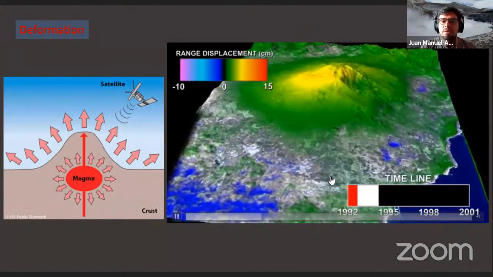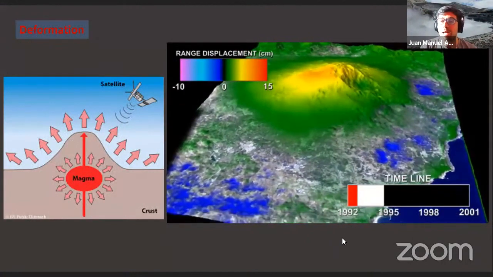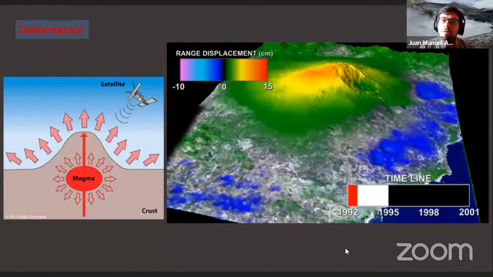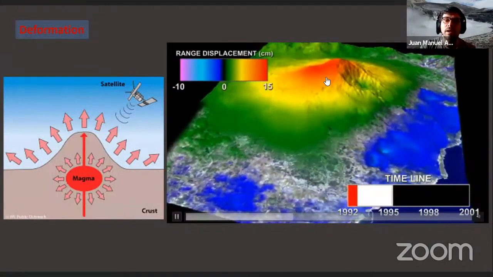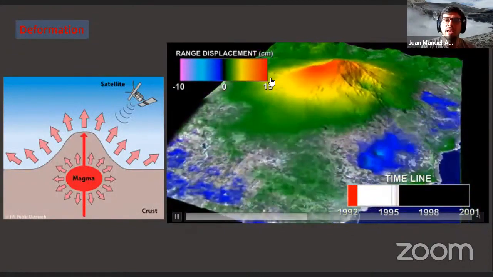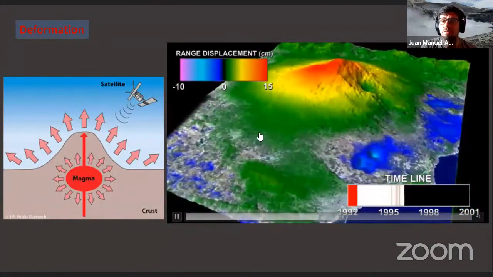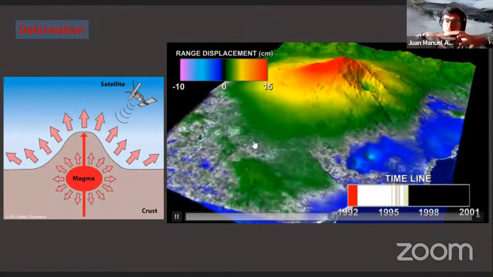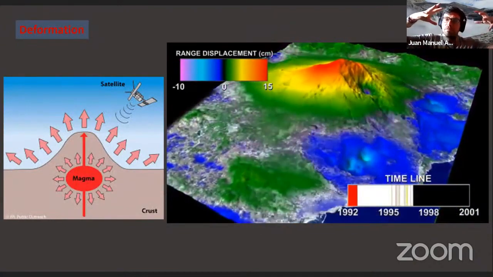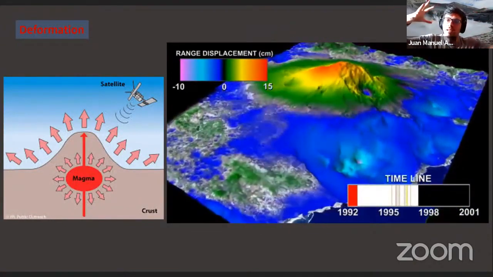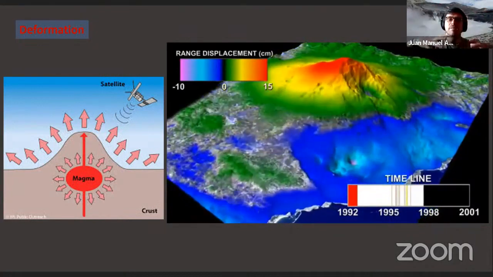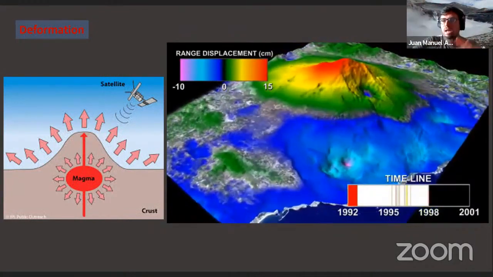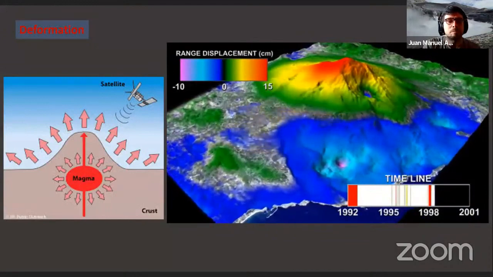And as you can see in this 9-year span of time in Etna volcano, there were in the summit of the volcano like 15 centimeters a year of deformation. So the volcano inflated before every eruption and then deflated after the magma came out and the eruption ceased.